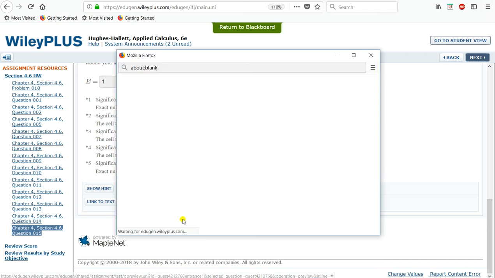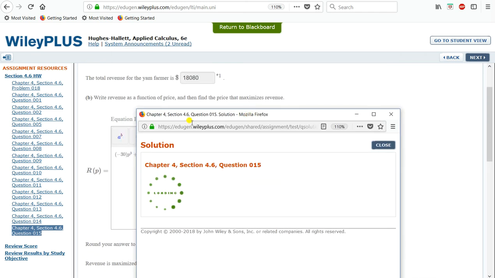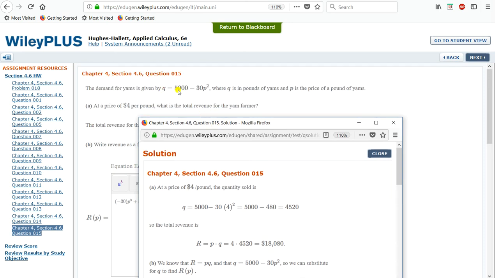Okay, let's pull out the solution here. We are given the quantity, which is 5,000 subtract something, and this is the demand, Q. We know that's at the price of $4, so $4 goes to P, and you get Q to be this number.